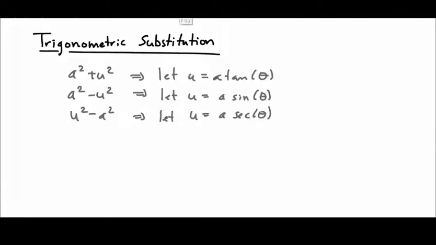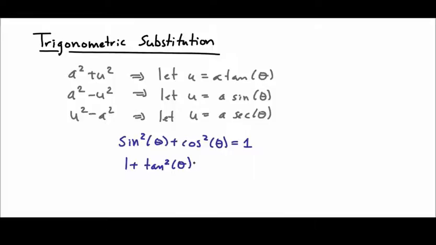Along with these, we also need to remember our Pythagorean identities. We've talked about them quite a bit, but let's write them down one more time. Sine squared plus cosine squared is 1, and we can solve this for sine squared or cosine squared if we want. We also have 1 plus tangent squared equals secant squared, and it seems like this one shows up an awful lot.